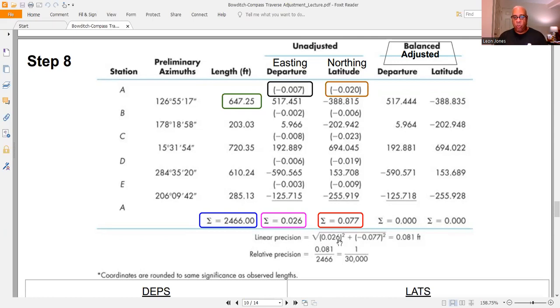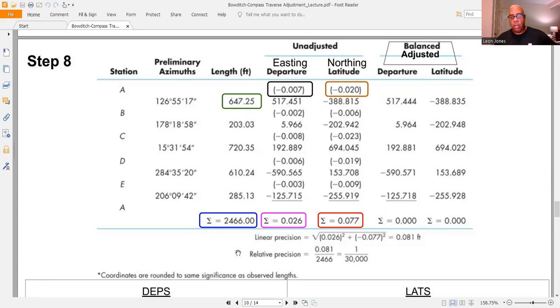So you're going to take the square root of your northings squared plus your eastings squared, and then you're going to have your relative position. Now, here's how you do this. What they've done is they took 0.026 and squared it, and then they added 0.077 squared, and then they took the square root and they came up with 0.081 feet.